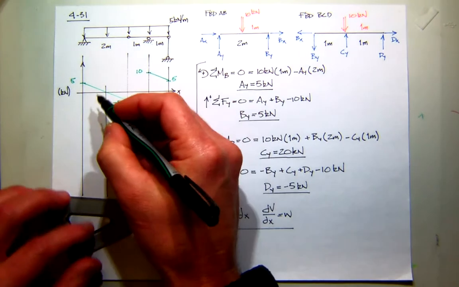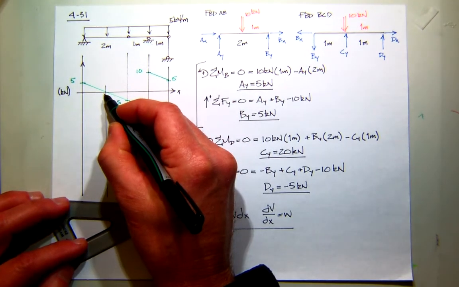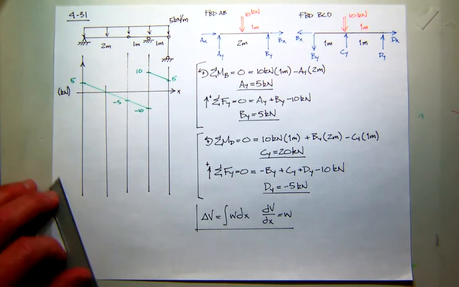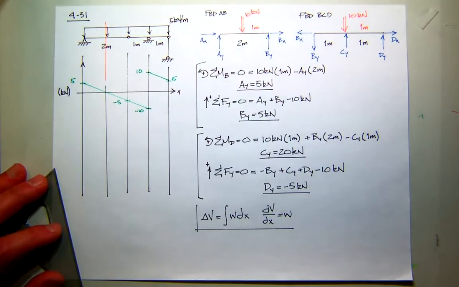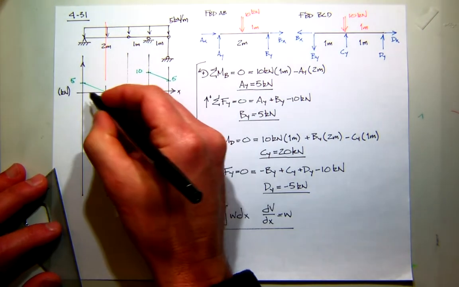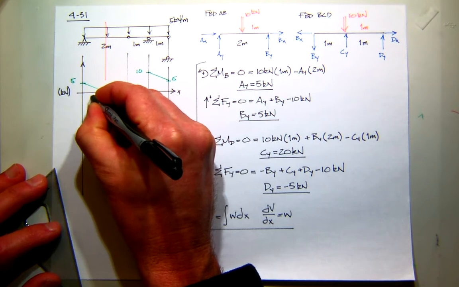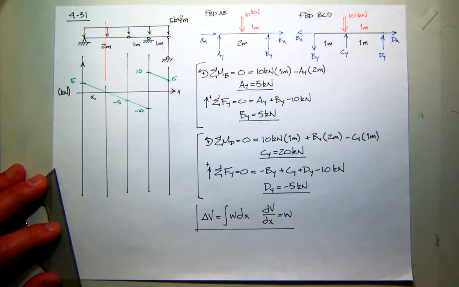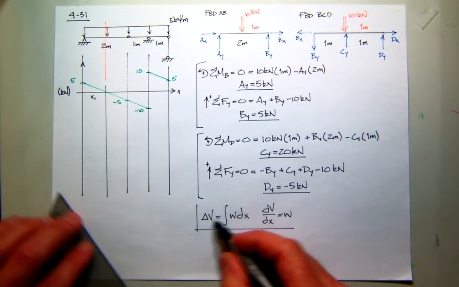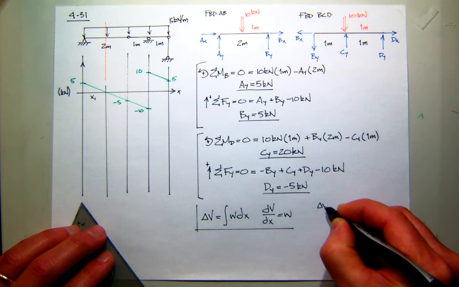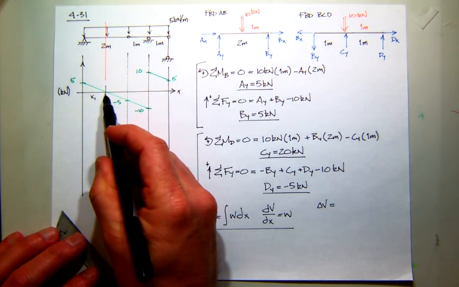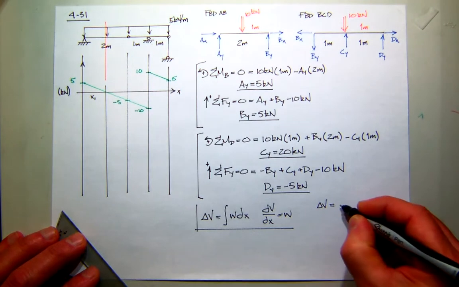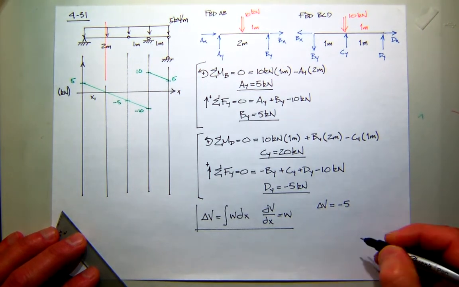Now we can go ahead and figure out this piece the way I've talked about before. If you extend this line up, and I'm trying to find this distance, I'll call it x1, then go back to our diagram here. The change in shear that we're looking for is what? Well, we're starting at 5 and we're going to 0, so that change is negative 5.